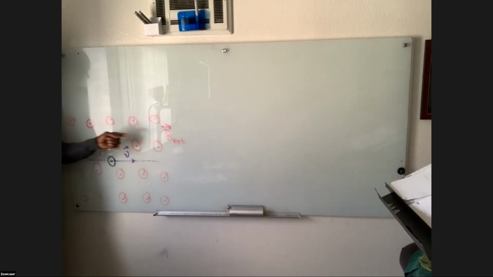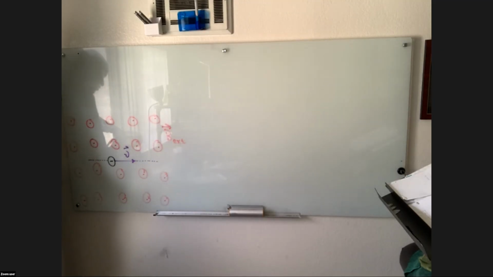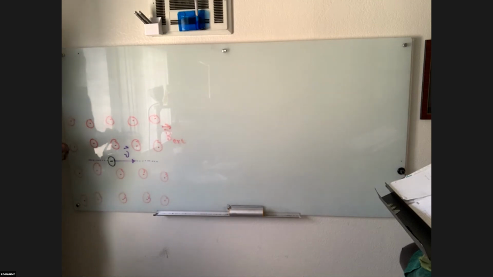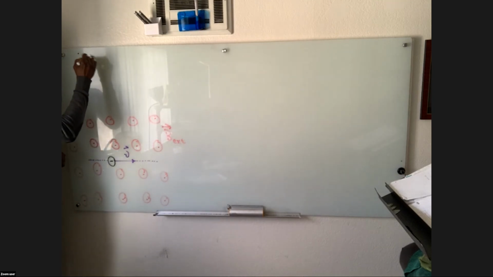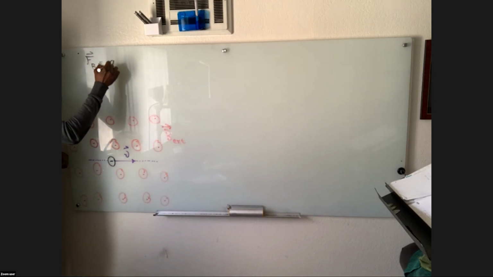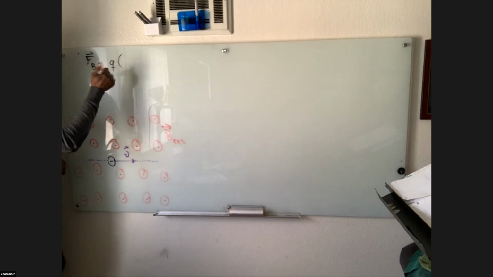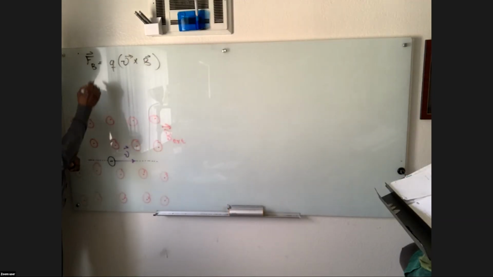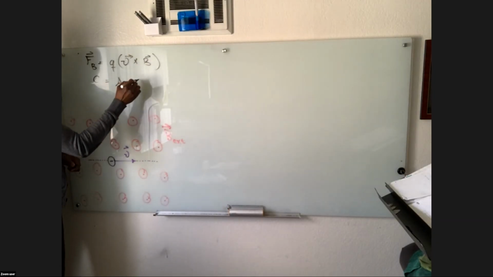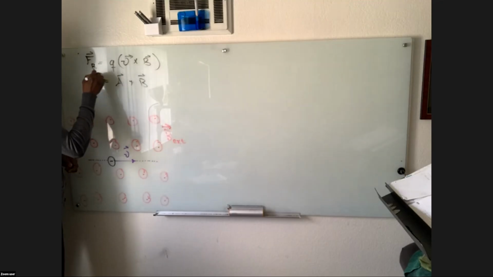The red dots do represent the magnetic field coming out of the board, but be careful with this cross product. Q is just a constant multiple, but it's V cross B, not B cross V. Remember with the cross product, it's the first vector crossed into the second vector.